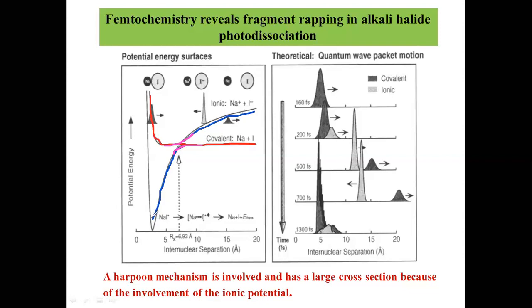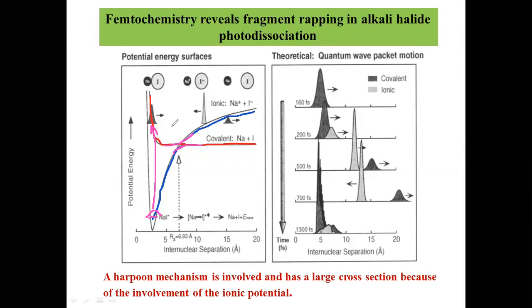Initially, the ground state sodium iodide is taken with the pump to this. So this is the wave packet. Then the sodium and iodide bond distance increases, so they are going to get separated, and we apply the probe pulse to trap this in this region.